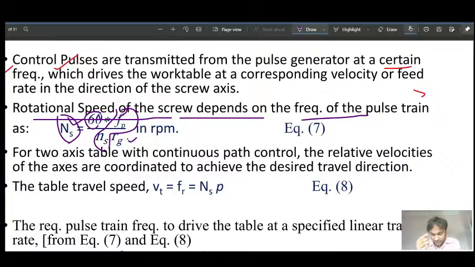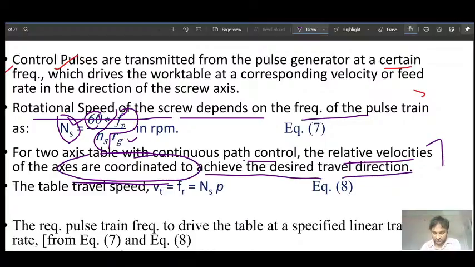Next, for a two axis table, in continuous path control, the relative velocities of the axes are coordinated to achieve the desired travel position, so there is a coordination between x and y. So that is a different case. We are considering here only linear movement in one direction, the position of the table in one direction.